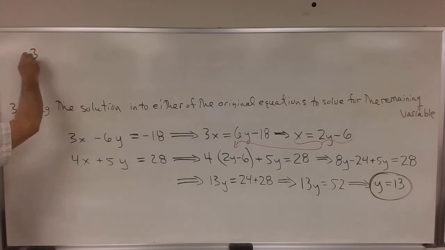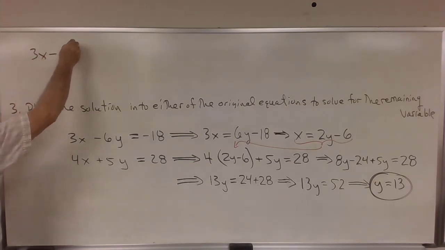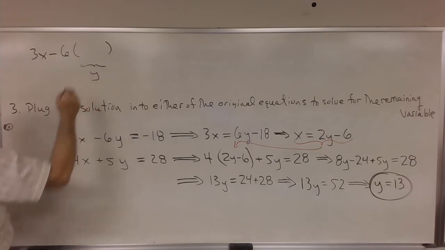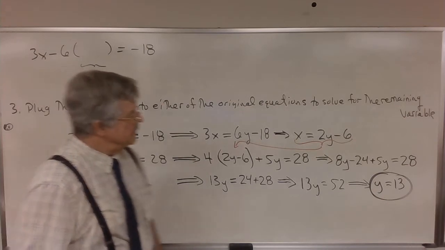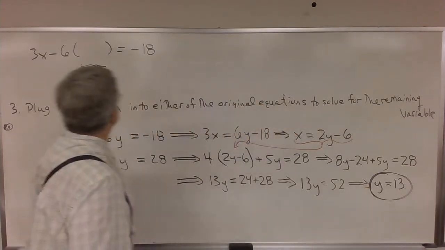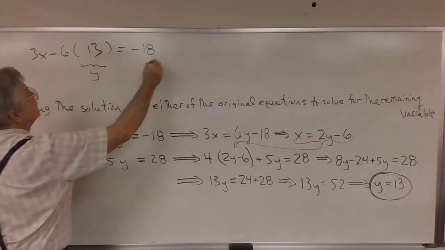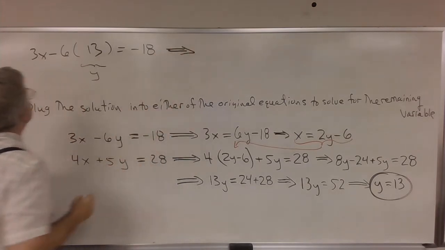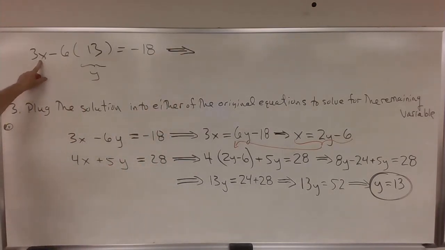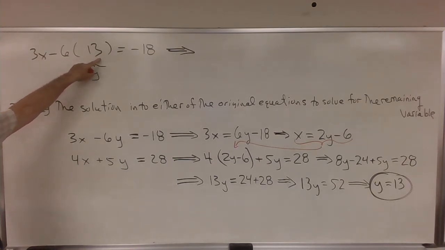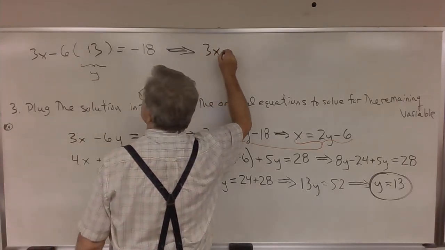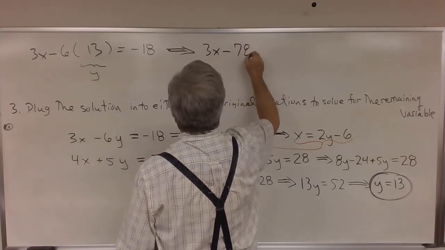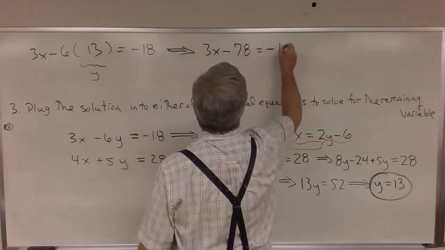So I have 3x minus 6y equals negative 18. And I just found out that y equals 13. So I plug that in here. So that gives me 3x minus, what is this? 60, 78. 3x minus 78 equals negative 18.